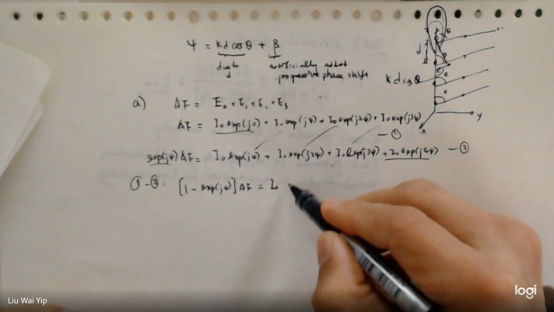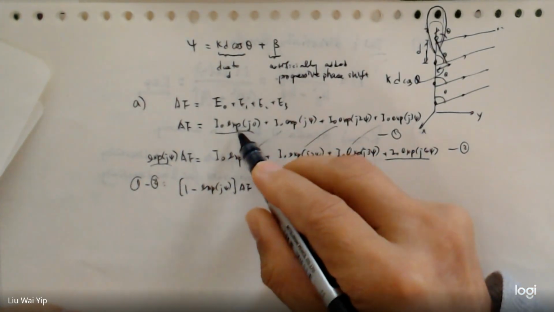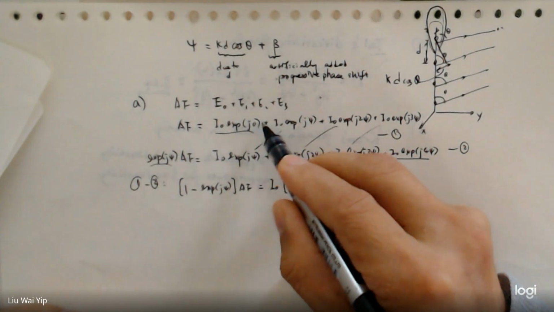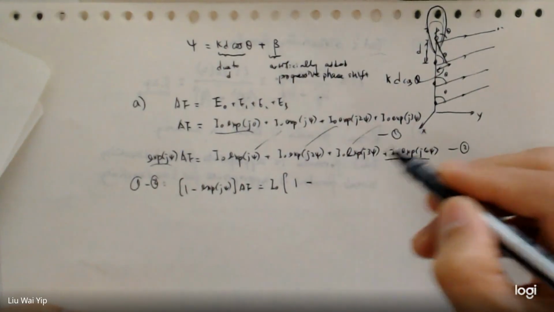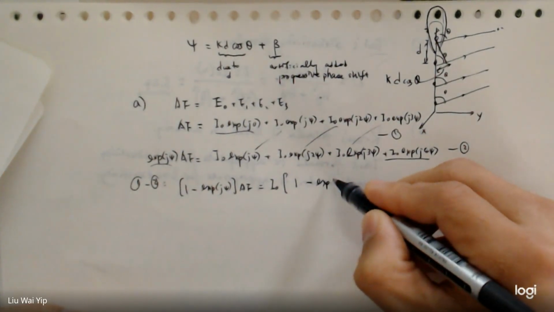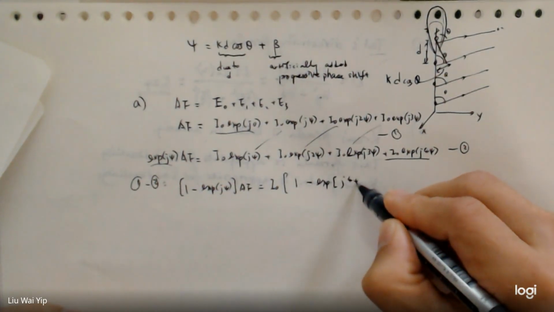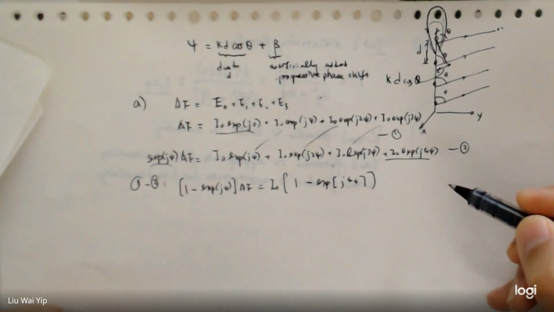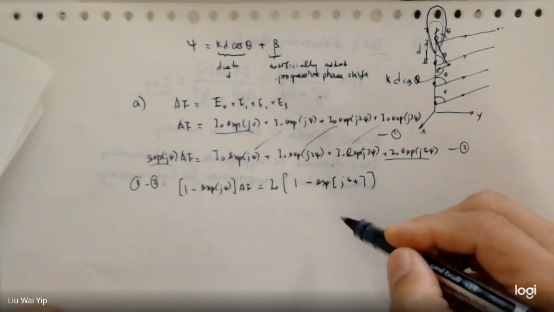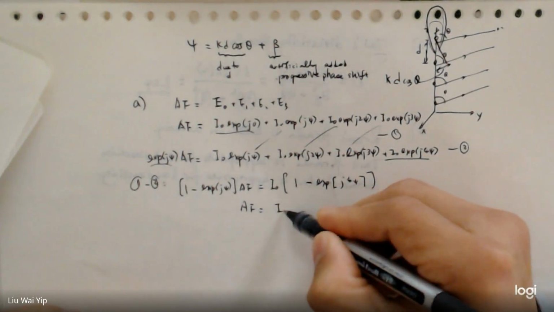Exponential of zero is one. Now it's quite clear: the AF can be worked out.